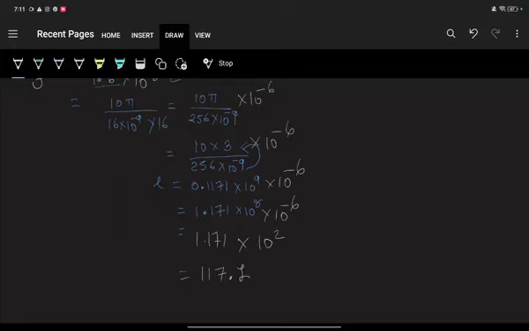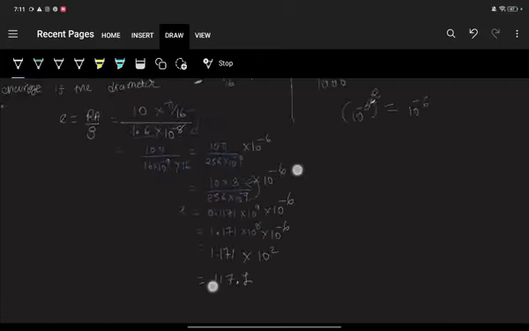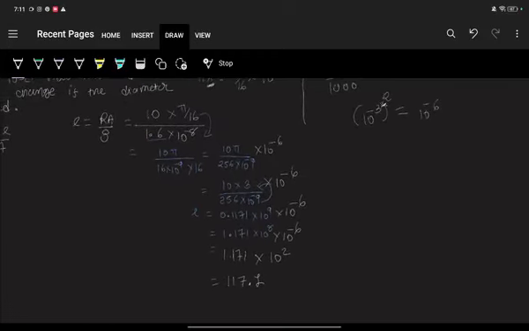And what else we need to find here? How much does the resistance change if the diameter is doubled? If the diameter is doubled, then what happens? Can you find how much the resistance changes if the diameter gets doubled?